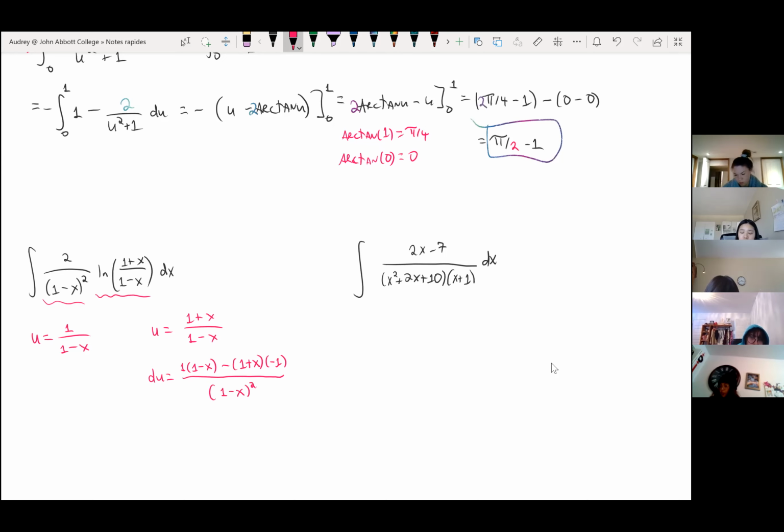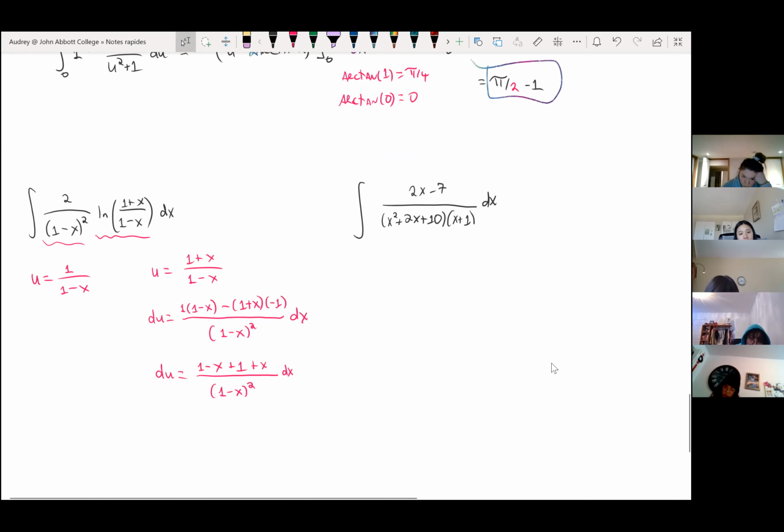The fact that the bottom squared showed up is a really, really good thing. So then my du here is 1 minus x plus 1 plus x over 1 minus x squared. And notice what happened here. Did I get exactly what's on the outside?